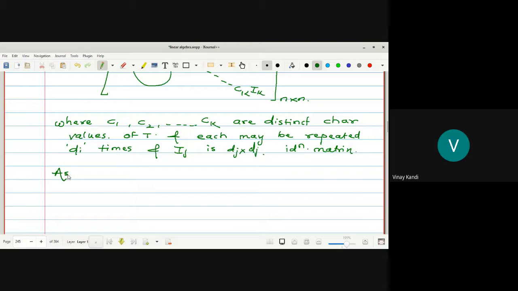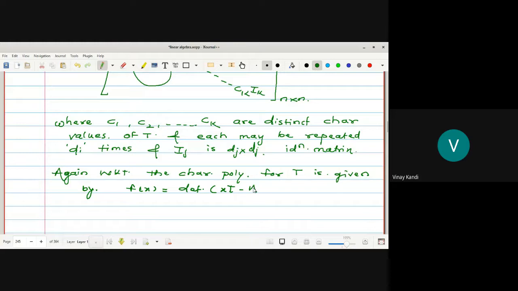The characteristic polynomial is nothing but the determinant of xI minus A. The characteristic polynomial for T is given by f(x), which equals the determinant of xI minus A. Here c1, c2 up to ck are the distinct characteristic values, so f(x) is of the form (x minus c1) raised to d1, (x minus c2) raised to d2, up to (x minus ck) raised to dk. This is equation number 1.